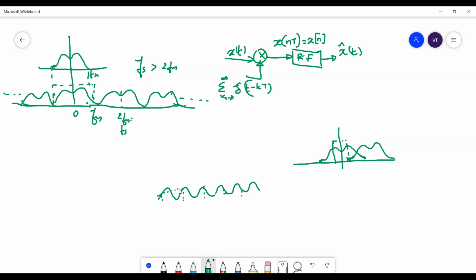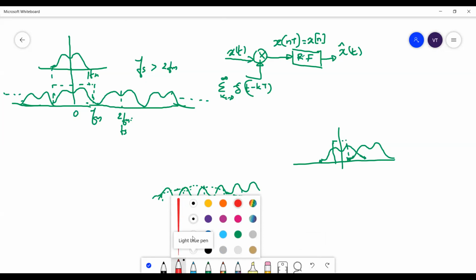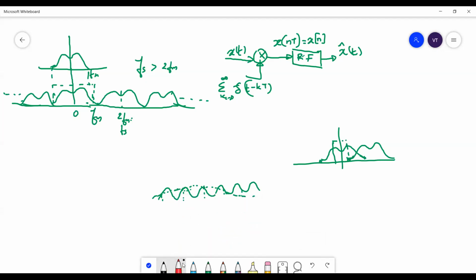So what the reconstruction filter will do is interpolate the samples like this. I'll use a different color for that. It will interpolate the samples in this manner.